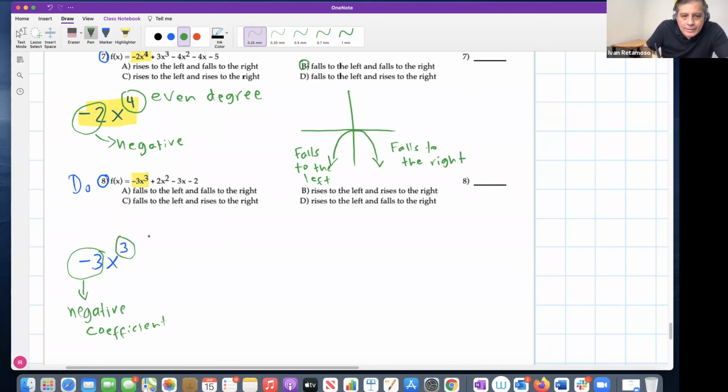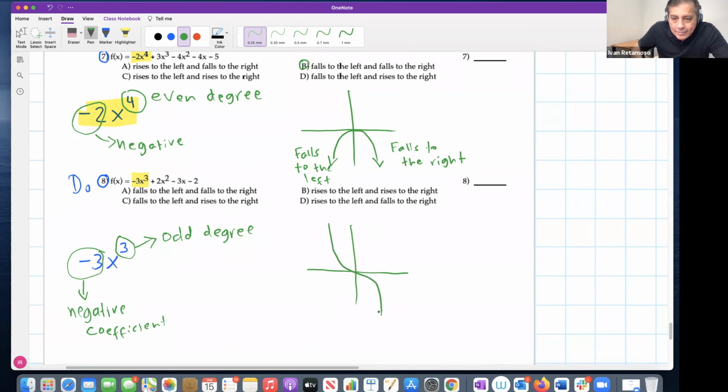And then when you look at this, you see that the number 3 is an odd number. Odd degree. And we have a table with 4 scenarios. For odd degree, the graph should resemble a chair. But since this is negative, instead of taking the increasing chair from left to right, you take the decreasing chair from left to right, this one.